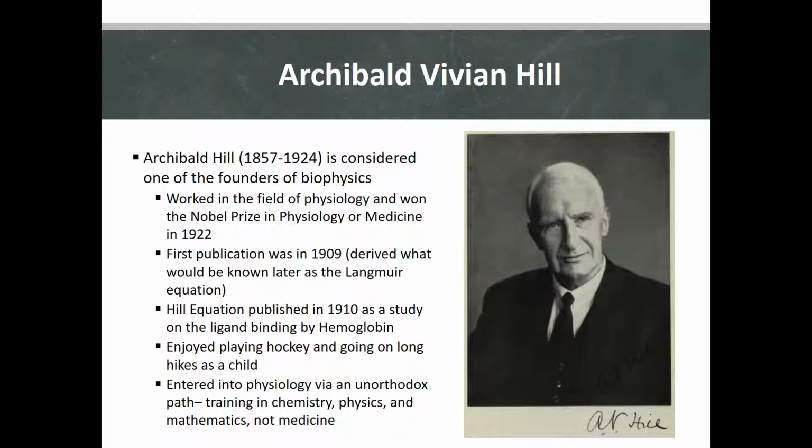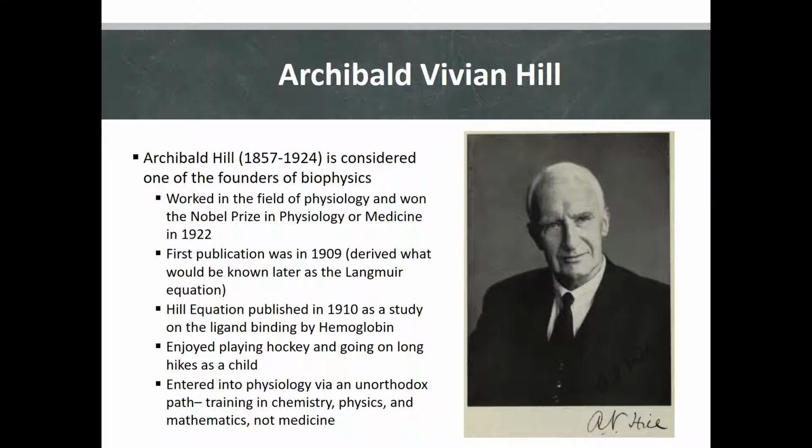So Archibald Hill, he won the Nobel Prize in Physiology or Medicine in 1922 for his work in the field of physiology. Now, this is really interesting because his entry into physiology is going to be somewhat unorthodox, and I'll tell you about that momentarily. So his first publication was in 1909.